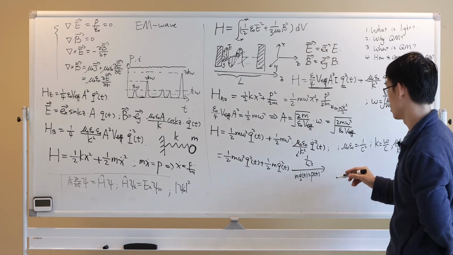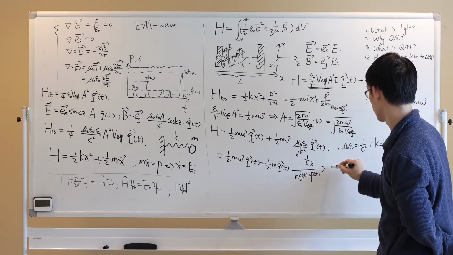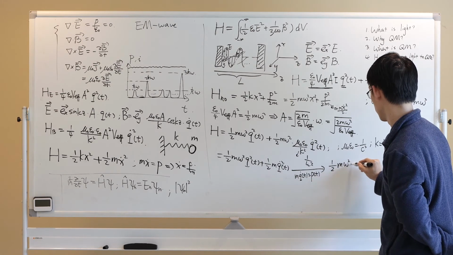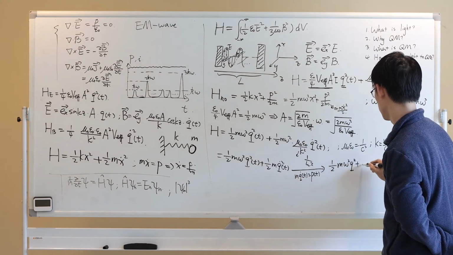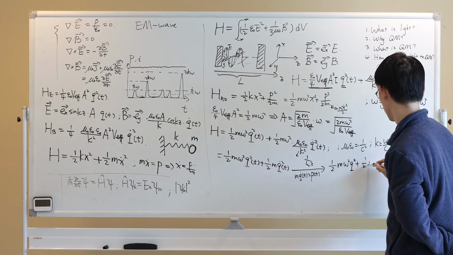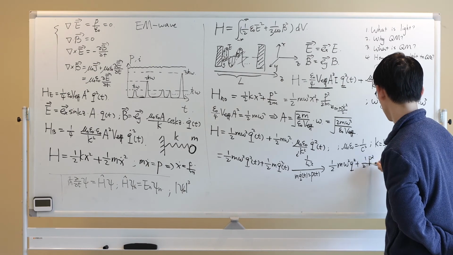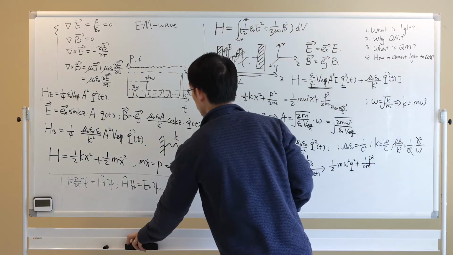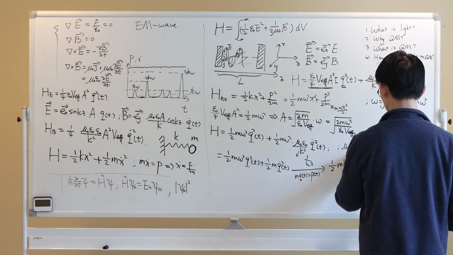And then what you will have is m omega square q square plus p square divided by 2m. Okay, p square divided by 2m.